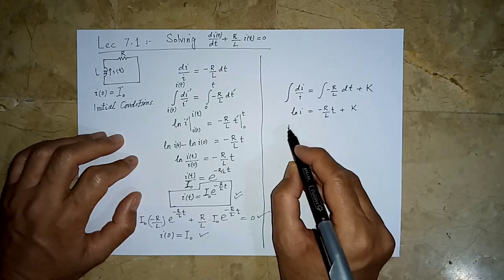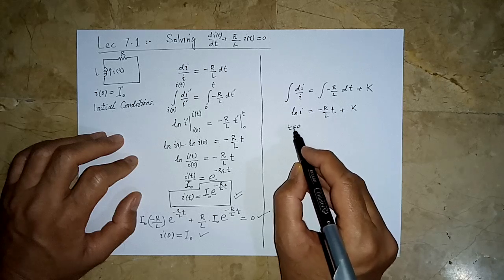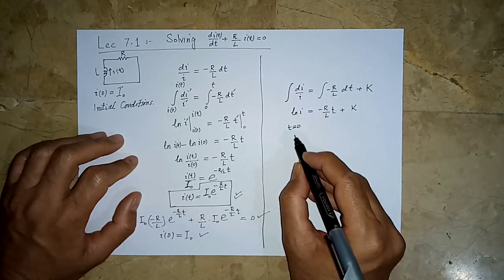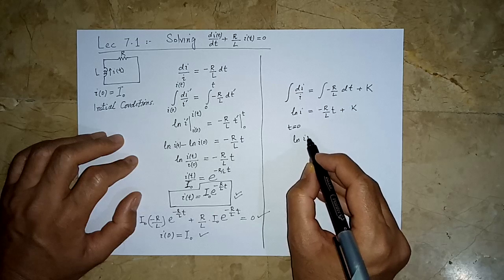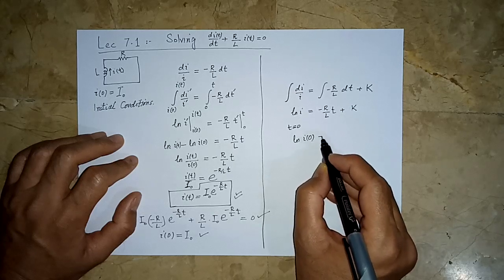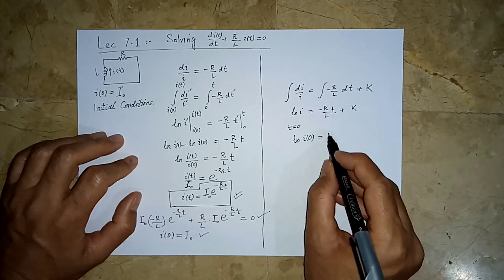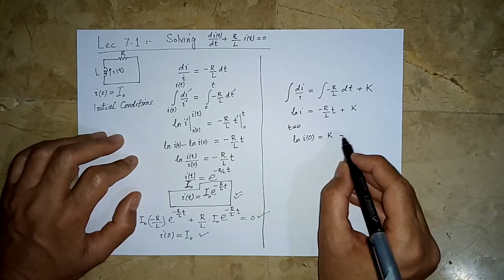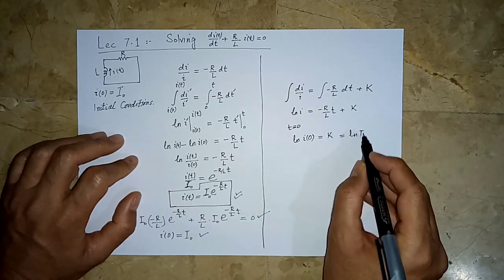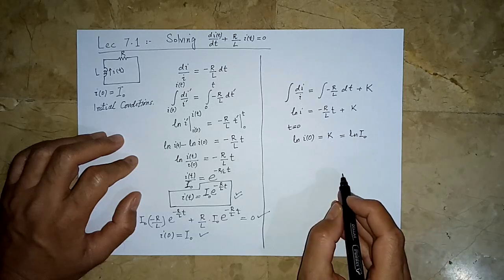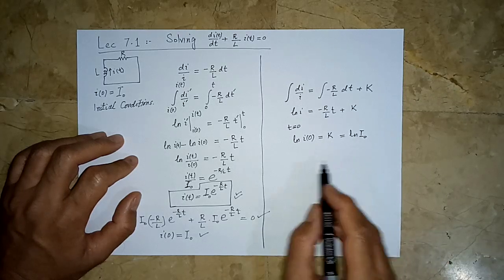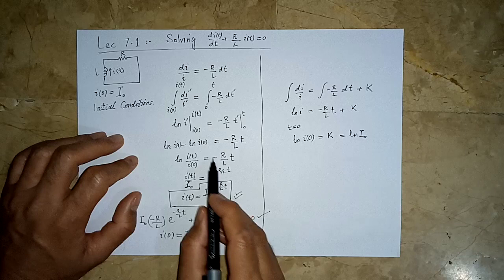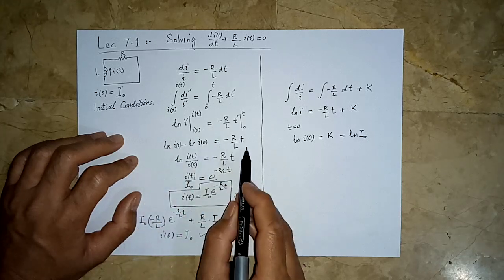So if we put t equal to 0, taking cue from the initial conditions, we will get natural log of I 0 equal to, t equal to 0 makes this term 0. So k is actually natural log of I naught. So that is how the value of k is resolved, and we are left with the same thing here.